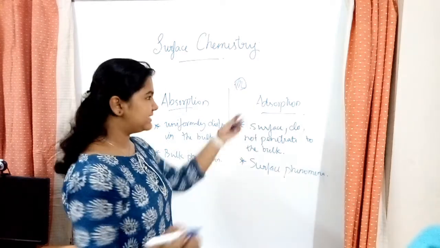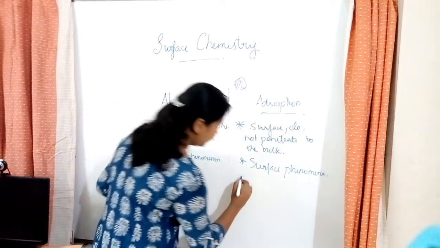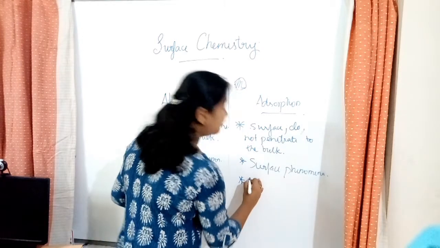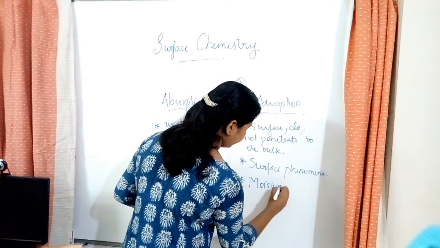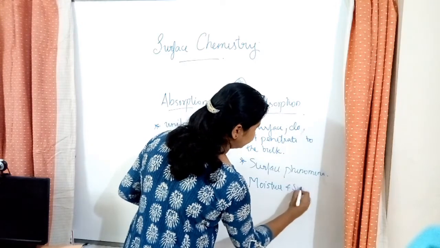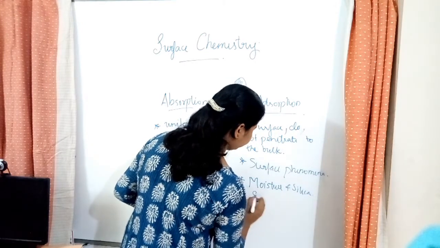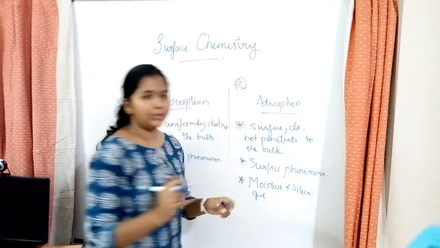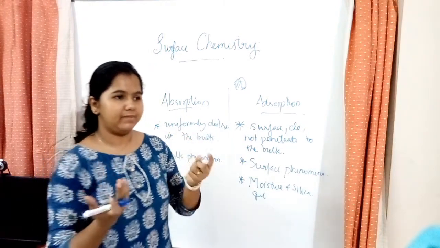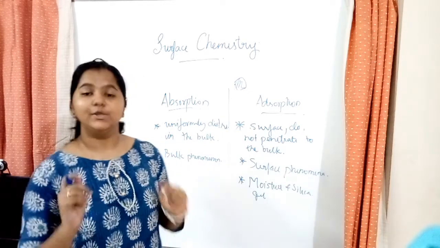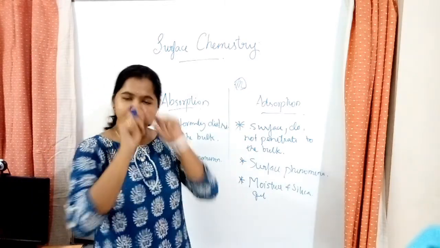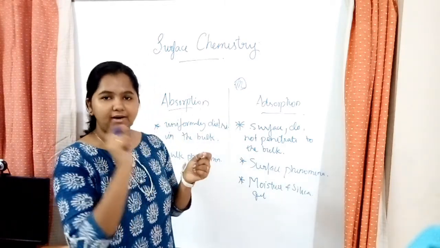The example for adsorption is water or moisture and silica gel. You might have seen in bottles, when you buy a bottle of medicines, silica gel is put inside in a small packet. Don't eat, caution.